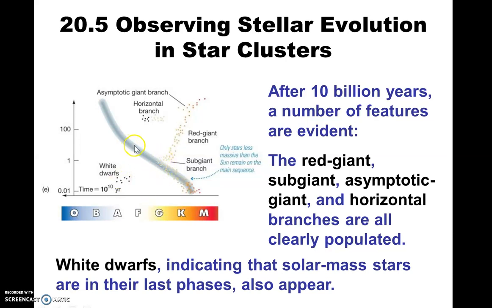So if you found a cluster where the turnoff point was down by a G-type star like our sun, of course, our sun we expect to be around for 10 billion years. If the turnoff point was at the G-type stars, in other words, all the stars more massive than G have left the main sequence, then that tells you that is approximately a 10 billion year old cluster.